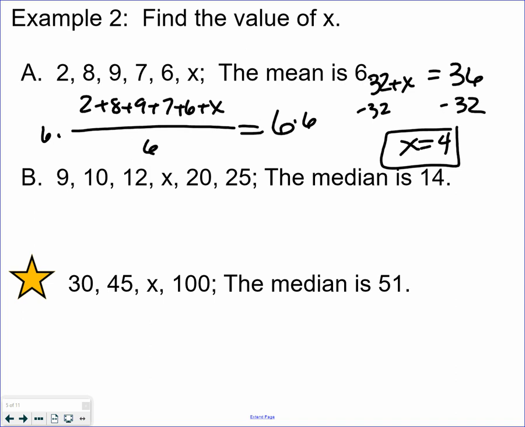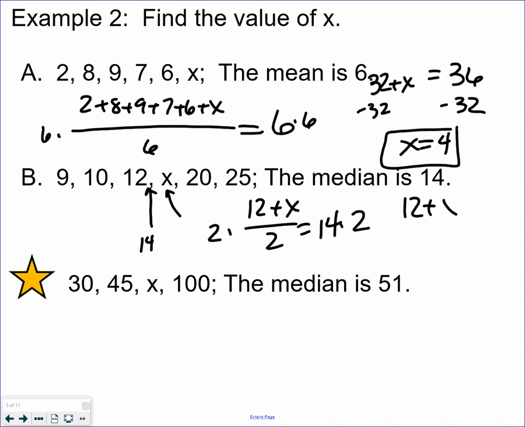Median. So now, they've already written it in order, and I want the median to be 14. So what would this number have to be in order for the median to be 14? 12 plus x divided by 2 would have to equal 14. This is how you would do it mathematically, and I'm going to also do it more logically here in just a second.